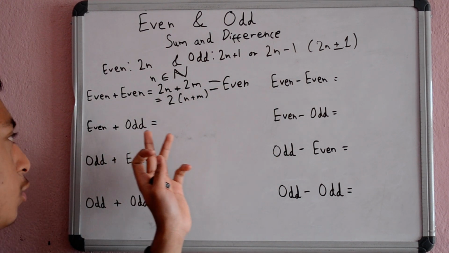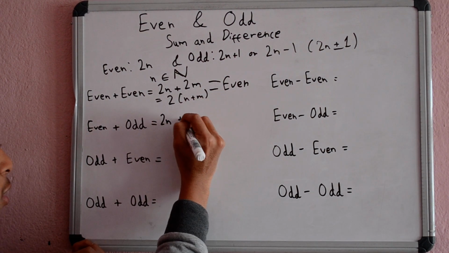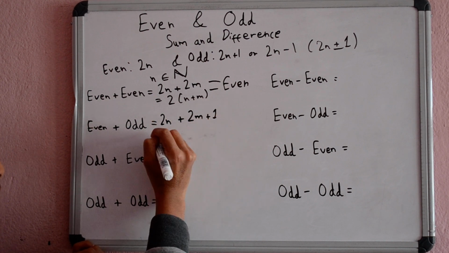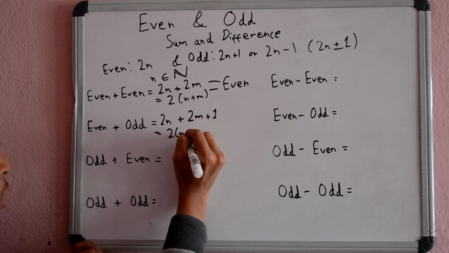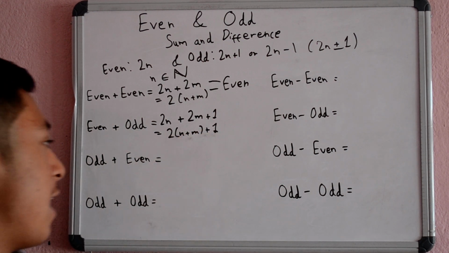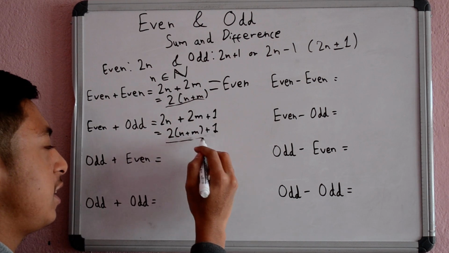Now even plus odd. So again, even is 2n, plus an odd number, I'll choose 2m plus 1. So I can take 2 common again, 2 times n plus m, plus 1. Now here I have 2 times a number. So as we know from before, this is even.